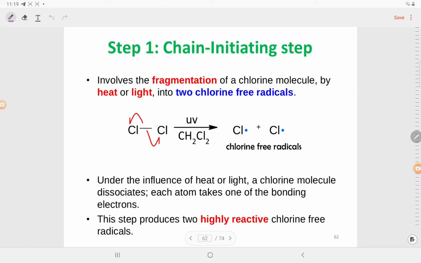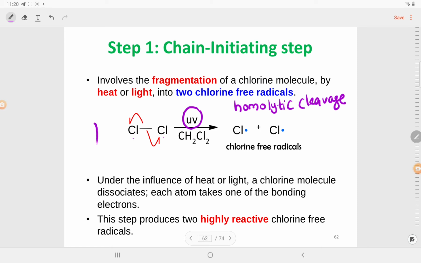In the chain initiation step, the presence of UV is required. The UV supplies the energy for homolytic cleavage. Remember, the process involves homolytic cleavage, because the bond breaking occurs between atoms of similar electronegativity.